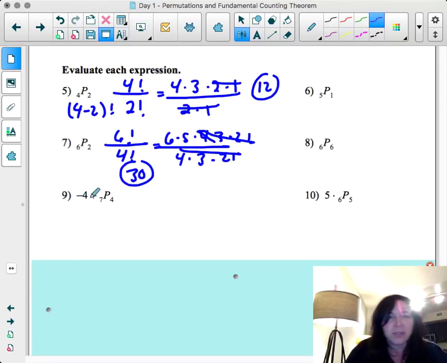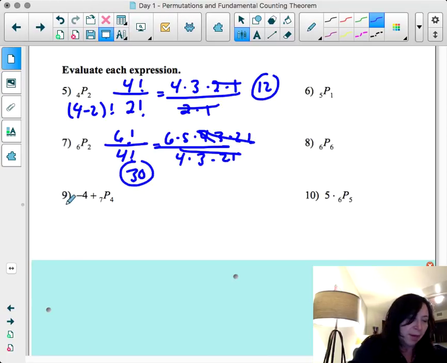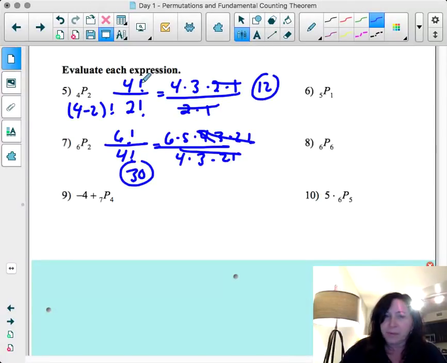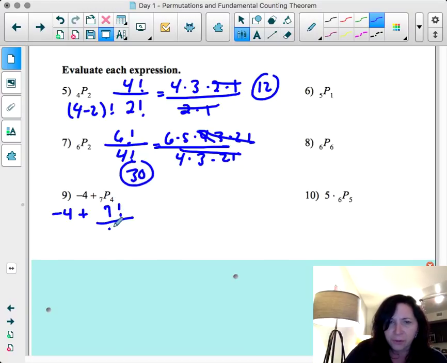Now this one is a little bit different because you've got negative 4 plus 7 permutations of 4. So for this problem, you would write negative 4 plus 7 factorial over 3 factorial.